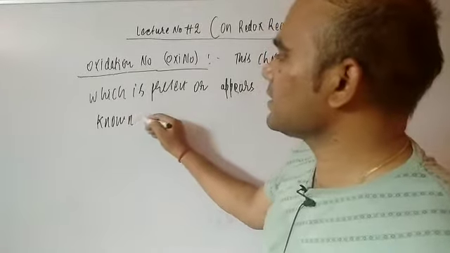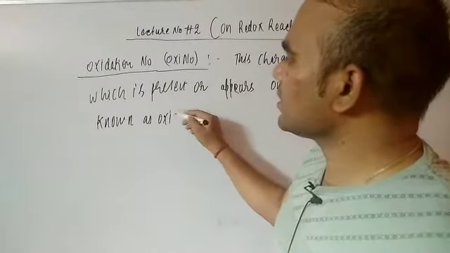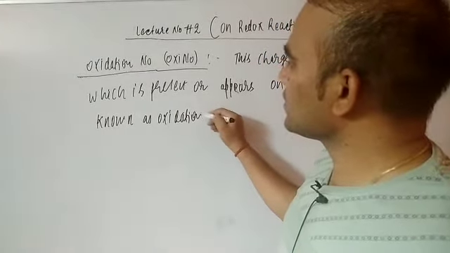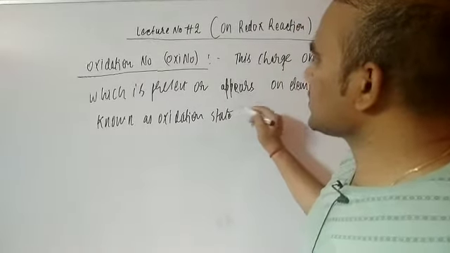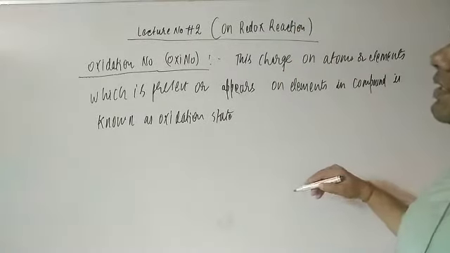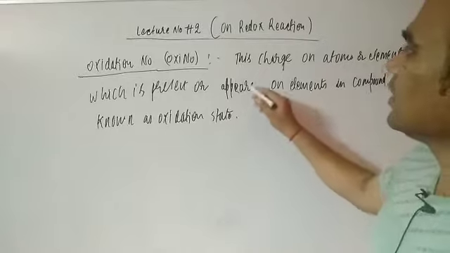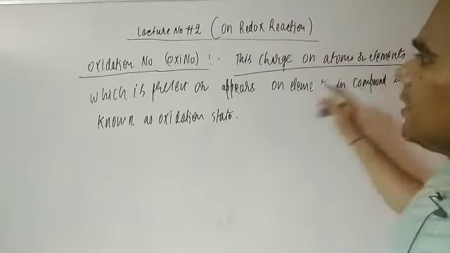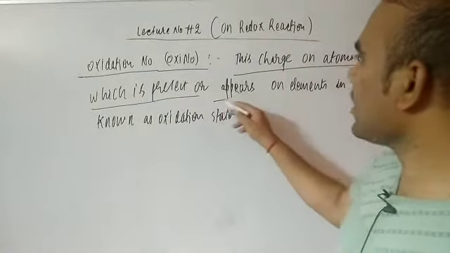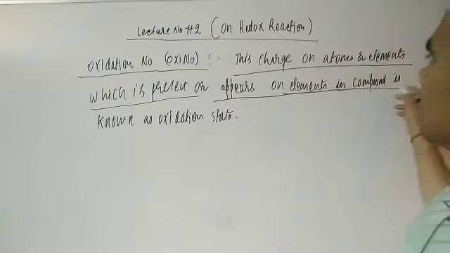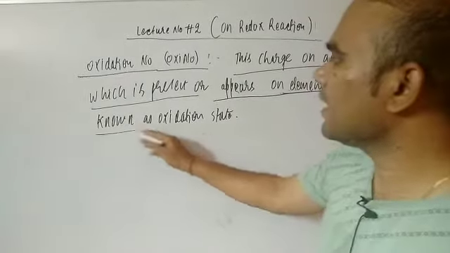So what is the meaning of oxidation number or oxidation state, students? The charge on an atom or element which is present or appears on an element in a compound is known as oxidation state.